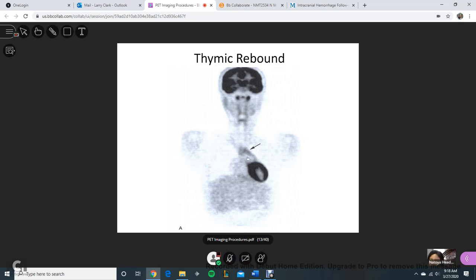All right, so this is where it would be right here. So if it was here, it would obviously be your thyroid, right? And that would be normal or abnormal? Abnormal. Right. And then this is your thymus. So you need to make sure it's in the center of the chest, above the heart area.